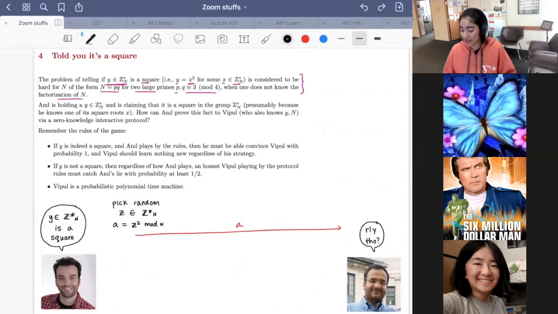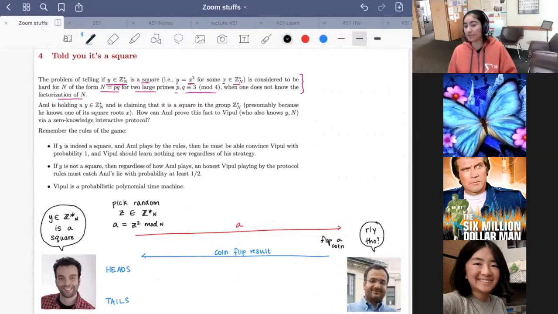One way he can check it is he flips a coin and sends over that coin flip result to Ada. That result is either going to be heads or tails, and depending on that, Vipul is going to check something else.